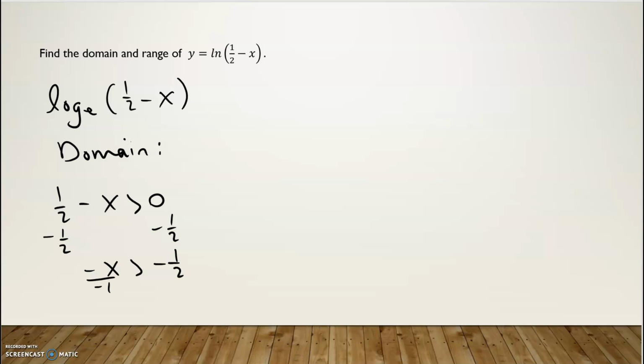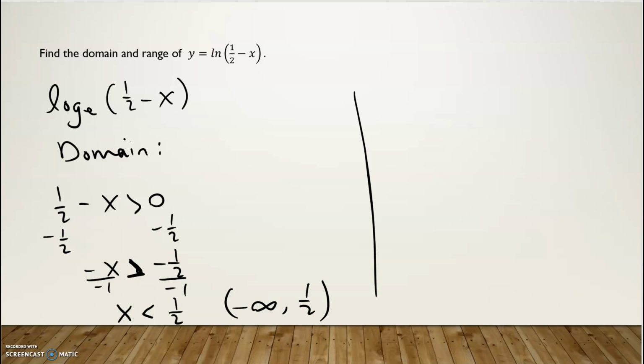Then I'm going to divide by negative 1. So when I divide or multiply by a negative, we're going to flip the sign. So x is now less than 1/2. So this would be from negative infinity to 1/2 for your domain. And then your range just stays the same. It's going to be negative infinity to positive infinity.